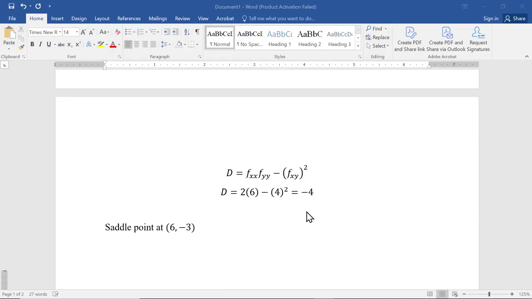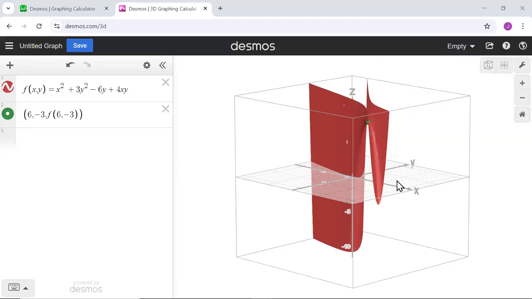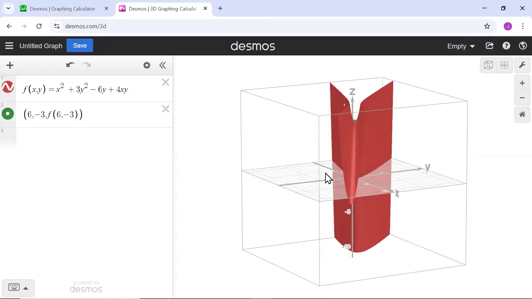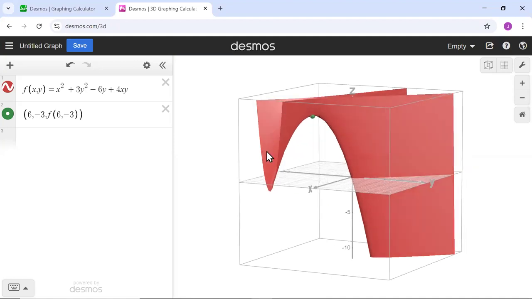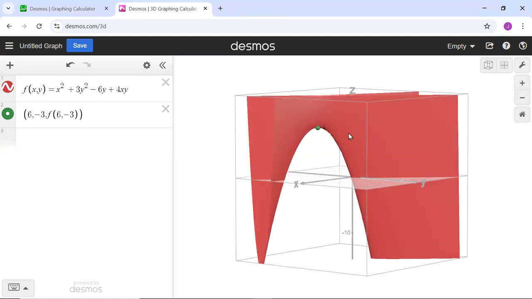Let's go ahead and graph this and see if we can visualize what's going on. So I've graphed the function and I've graphed the critical point. The function gives you a surface that looks like this.